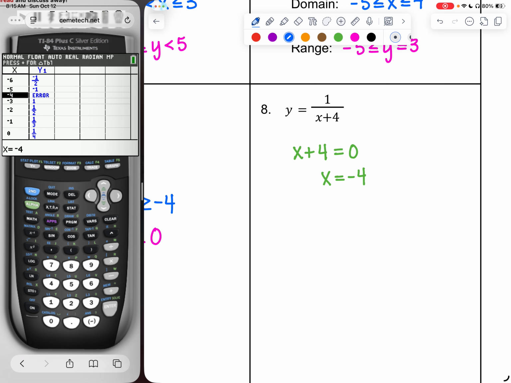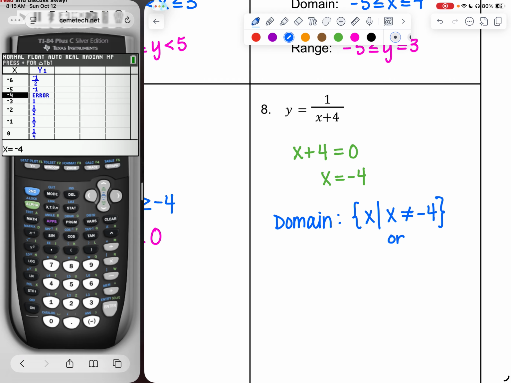So that means that x can be any number, but it can't be -4 because if I divide by 0, it'll be undefined. So here, the way we write that is x is going to be any number such that, that's what that vertical line means, such that x cannot be equal to -4.